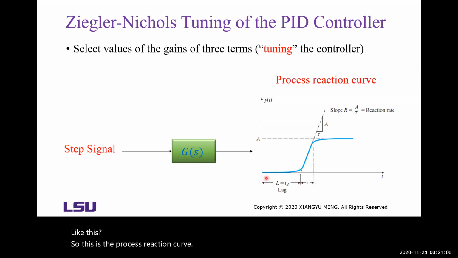In general, the system may not respond very fast. It is usually the case for chemical reaction processes.